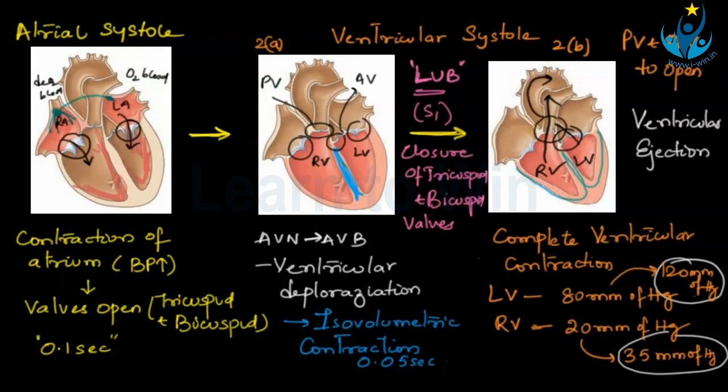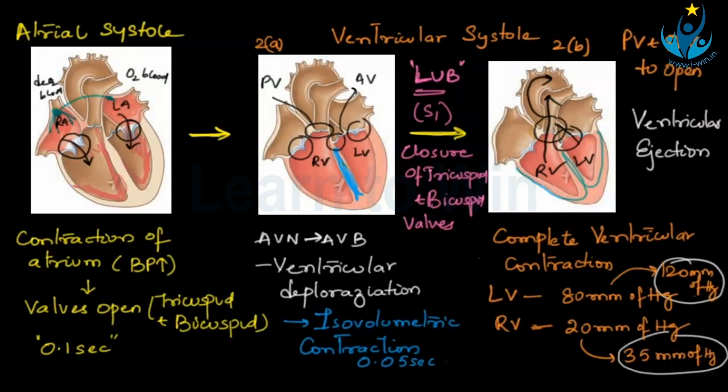Once that pressure reaches a certain amount, which is 120 mm and 35 mm, the blood in the ventricles is pushed into the pulmonary trunk and into the aorta, which is a process called ventricular ejection. So these are the first two steps of the entire cardiac cycle, that is atrial systole and ventricular systole, and we also saw how the lub sound has come.